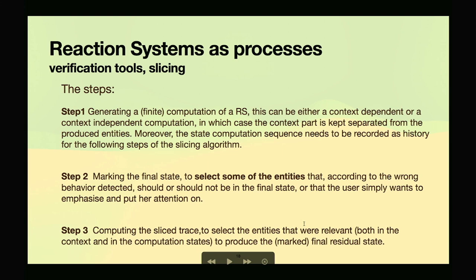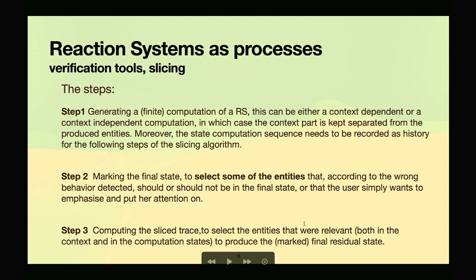So the steps are three. First, we generate a finite computation of the reaction system, and it can be executed considering the context or can be context independent. Then we stop the computation, which is finite, and we select some of the entities. Who selects some of the entities?